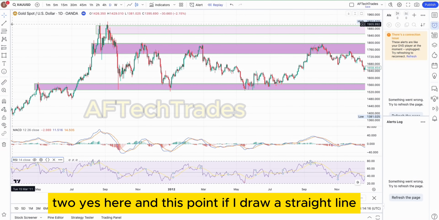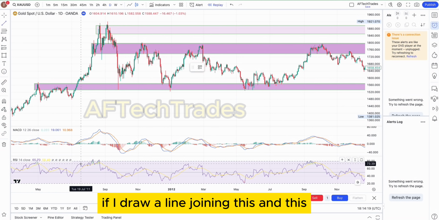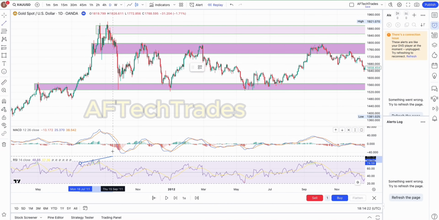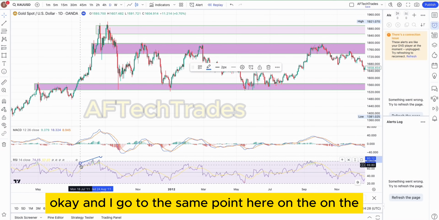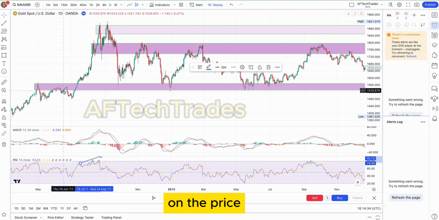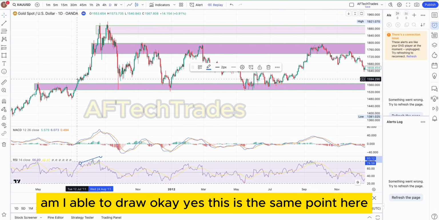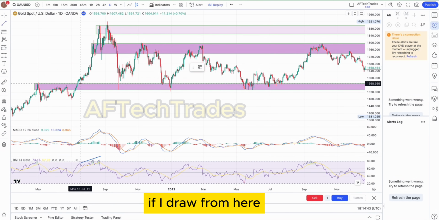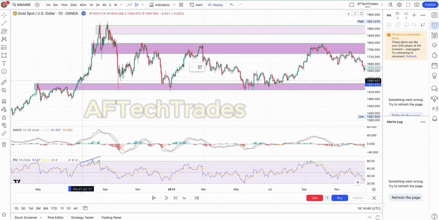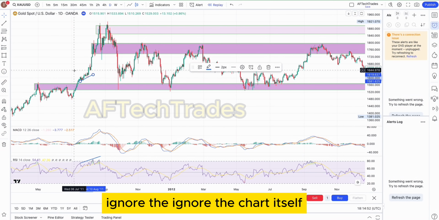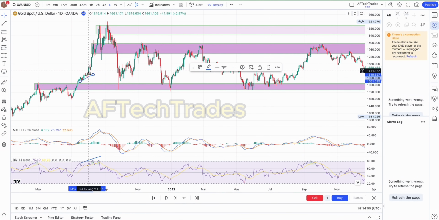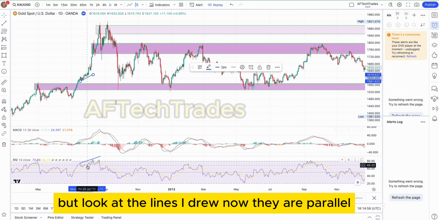If I draw a line joining this and this, and I go to the same point on the price and draw from here to here, ignore the chart itself, but look at the lines I drew.